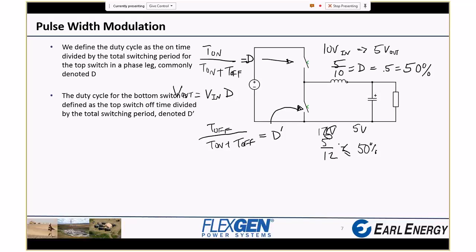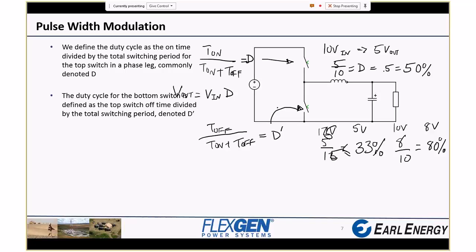I would have made life easier for myself. 5 volts divided by 15 is something I can calculate. You need a 33% duty cycle to make that happen. Or maybe I wanted a 10 volt input and an 8 volt output. So 8 divided by 10 would be an 80% duty cycle.